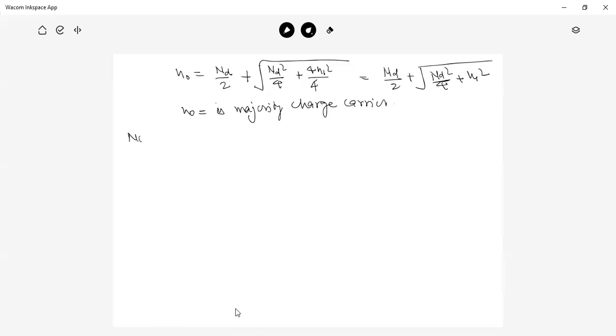Now the minority is p0, that is ni squared by n0.